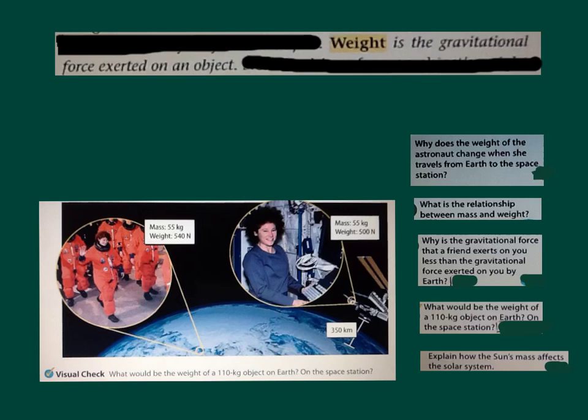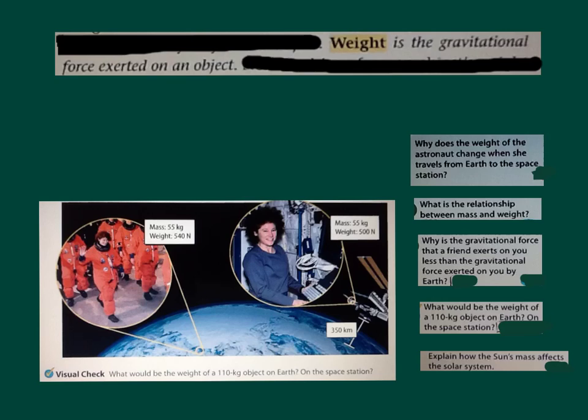Weight is the gravitational force exerted on an object. Please write that in your science journal, so that you have it to study from. Near Earth's surface, an object's weight is the gravitational force exerted on the object by Earth. Because weight is a force, it is measured in newtons.